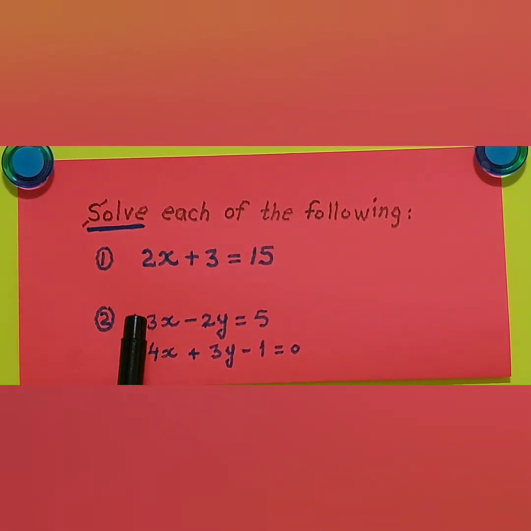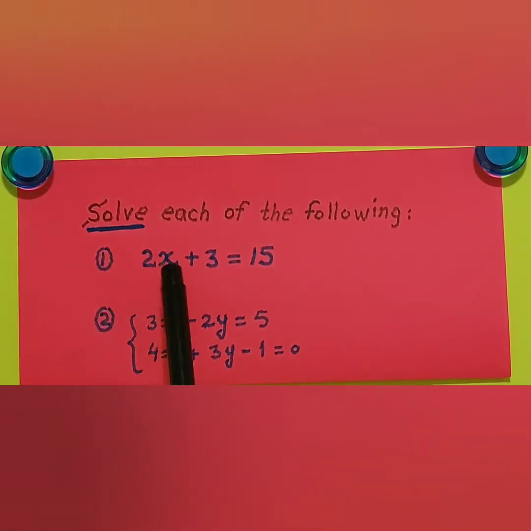But the second, we have two equations, each of them has two variables. Here we have the variable x and variable y. So the method to find the solution for each kind is different from the other.